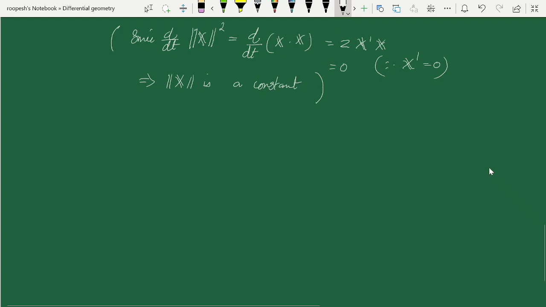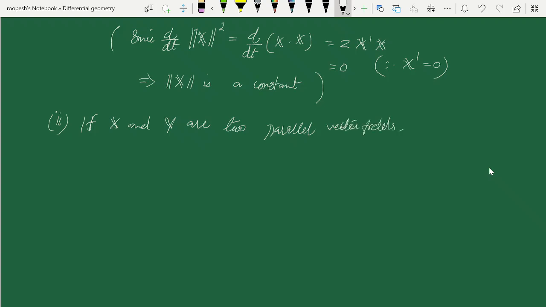Second one: if X and Y are two parallel vector fields along alpha, then X dot Y is constant along alpha.